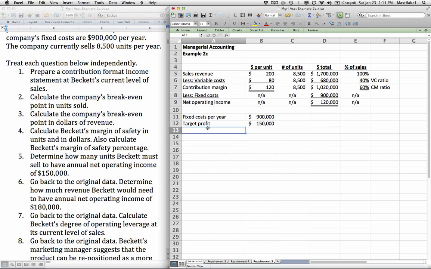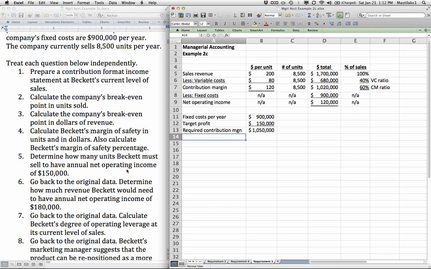If we add the two of those together, we get our required contribution margin. Because if you think about it, contribution margin minus fixed cost is NOI, so NOI, or target profit, plus fixed cost is going to get you to contribution margin. So the sum of these two is the required contribution margin.